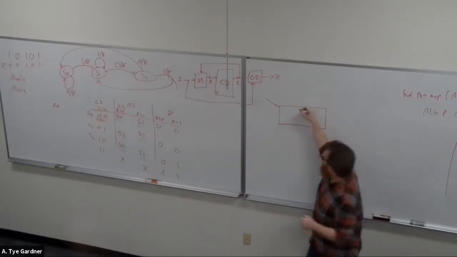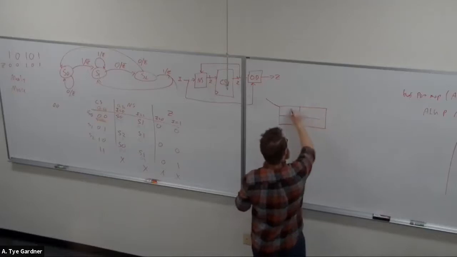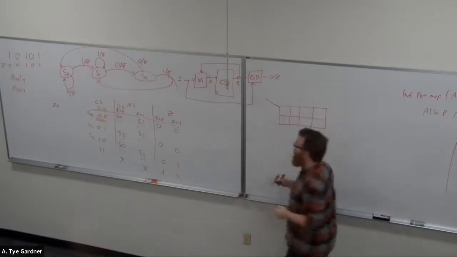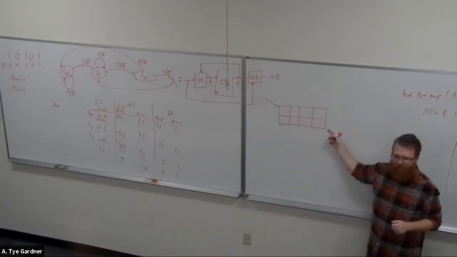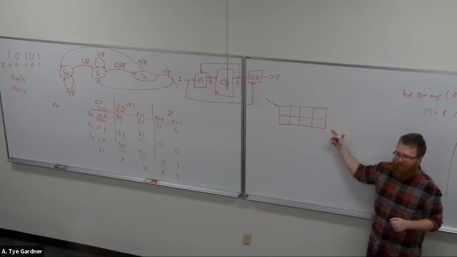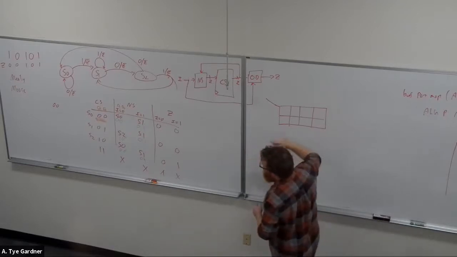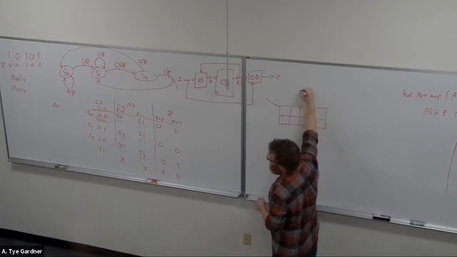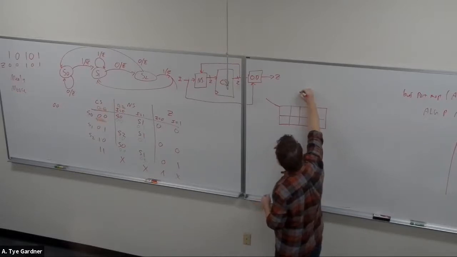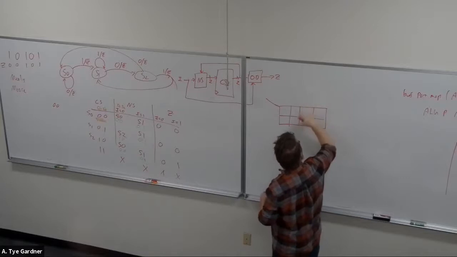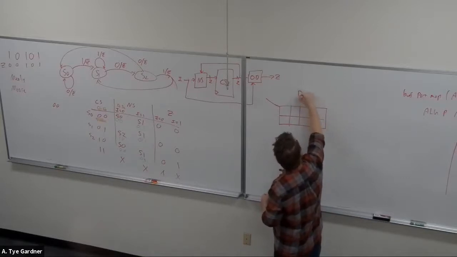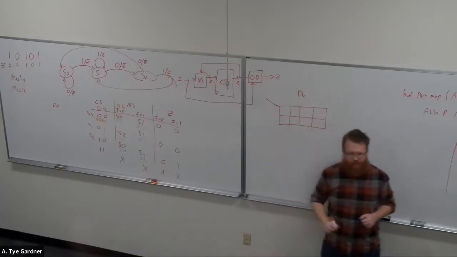Why did I draw, well, for someone that didn't stay after last time to talk with me, why did I draw this size of K-map? I'm going to design for QD0. The bit D0.